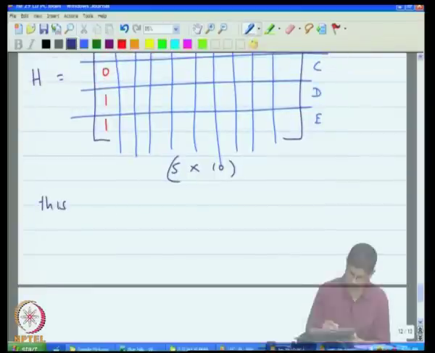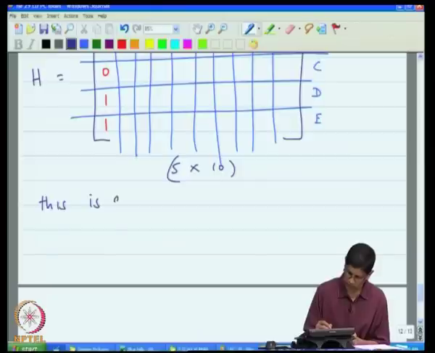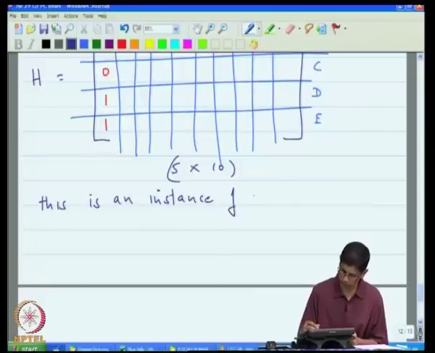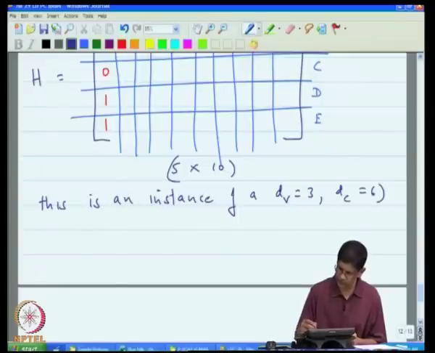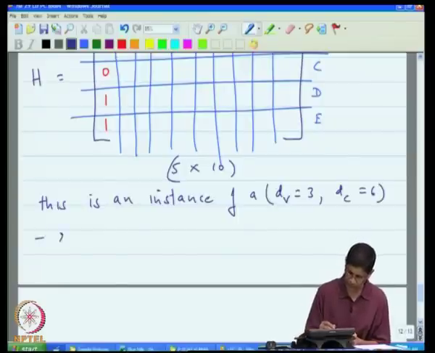So, this is an instance of a dV equals 3, dC equals 6, regular code.